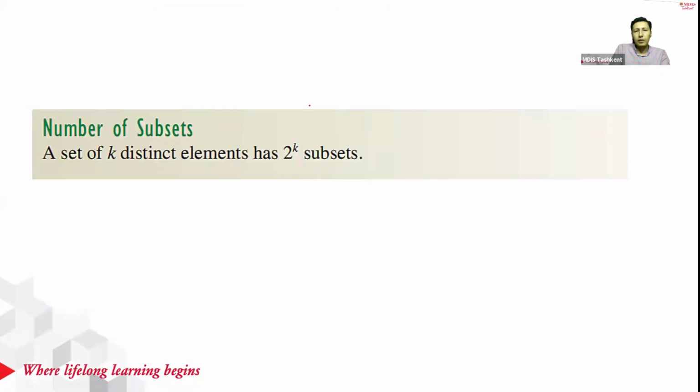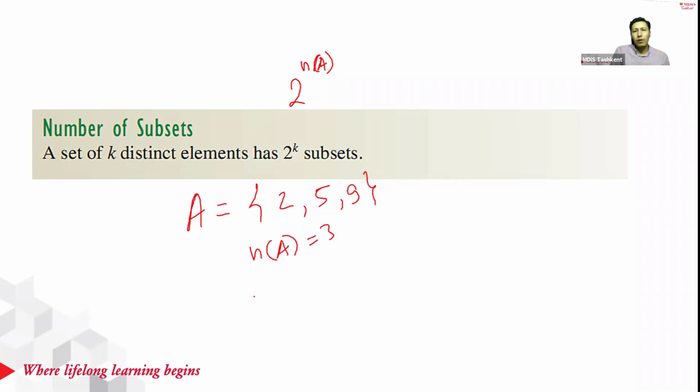The number of subsets is 2 to the power of k, or you can write 2 to the power of n(A). n(A) means the number of elements. For example, if A is 2, 5, 9, then what is n(A)? n(A) is 3. And 2 to the power of n(A) is 2 cubed, which is 8.